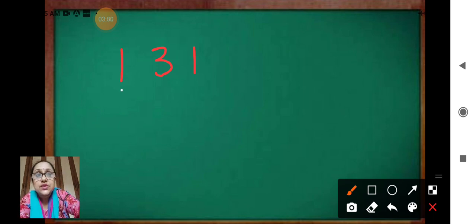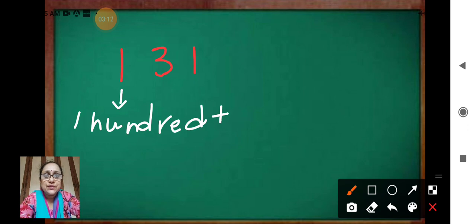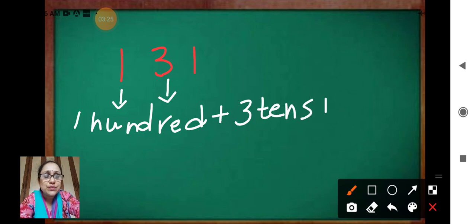So this one is in which place? 100. Correct? Then plus sign. Now this 3 is in which place? Tens place. So 3 tens plus, and this one is in ones place.